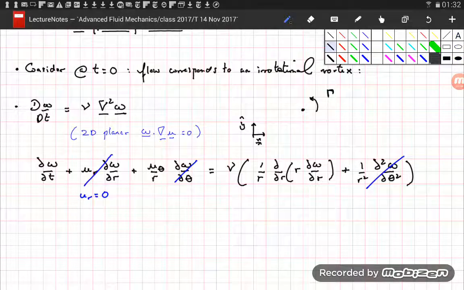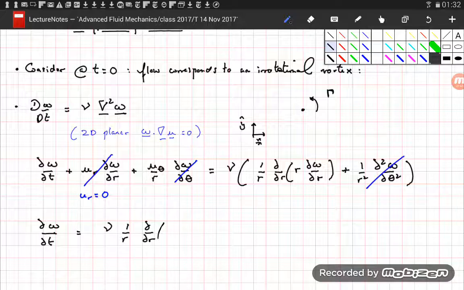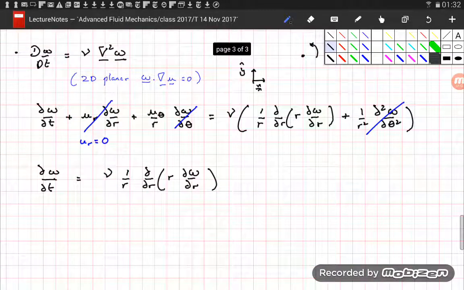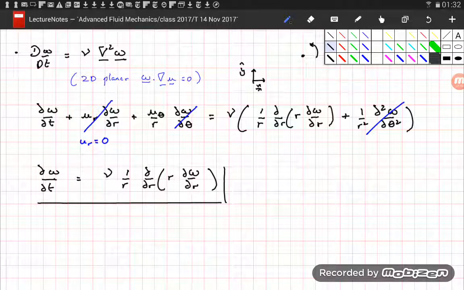So the equation reduces to just the heat equation. So partial omega partial t is equal to mu 1 over r partial over partial r times r partial omega over partial r. So this is the equation that the vorticity will satisfy.